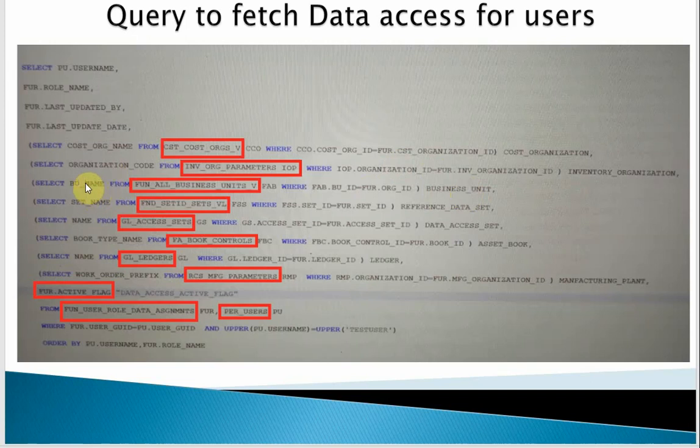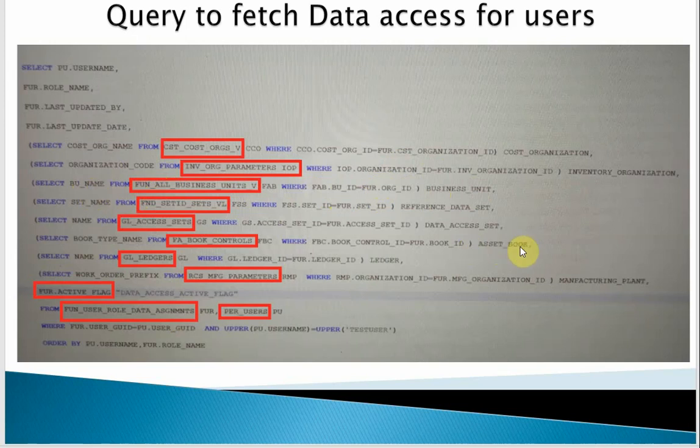Then you can see for business unit, I want to display the business unit name, so in a subquery I have used the base table FUN_ALL_BUSINESS_UNITS_V, and the view ID of this base table is linked to the org ID of the master table to get the business unit security context name.